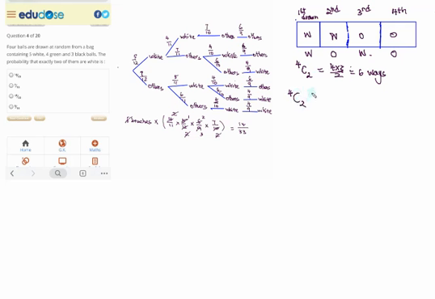4C2. Now, we're going to multiply with the probability of this. What is the probability of this?